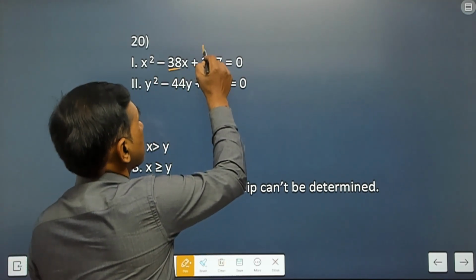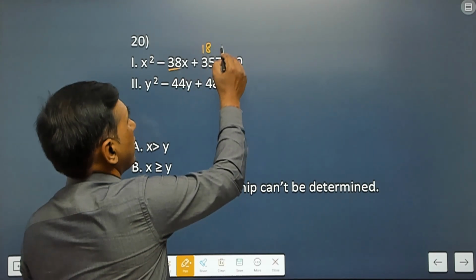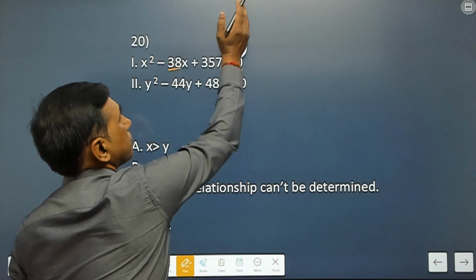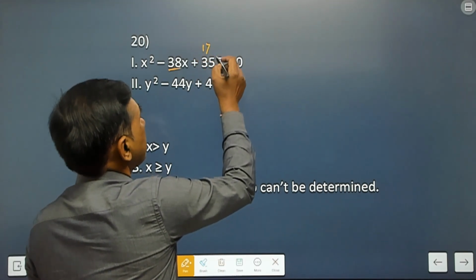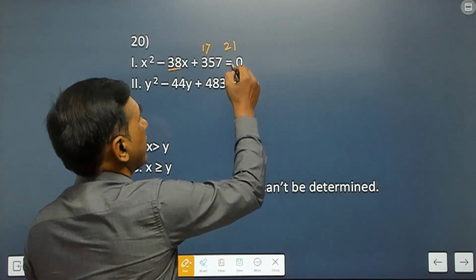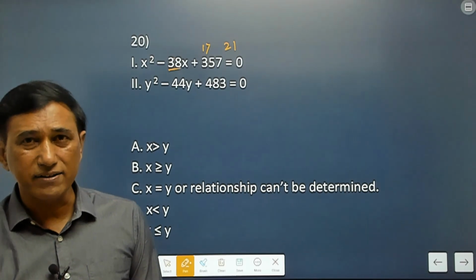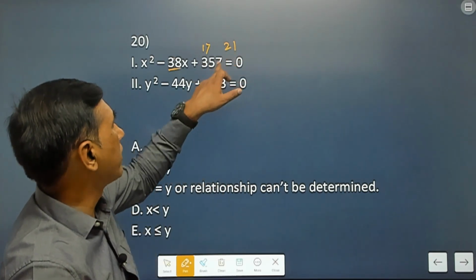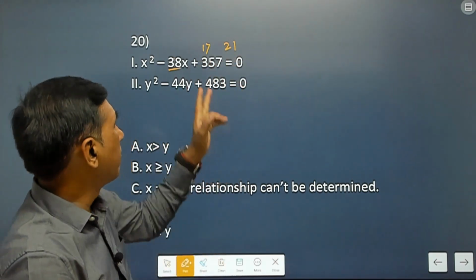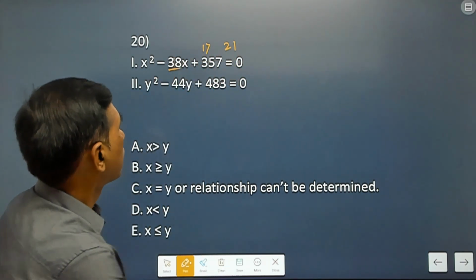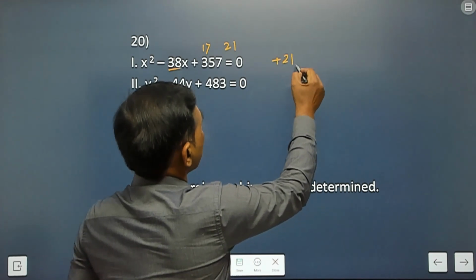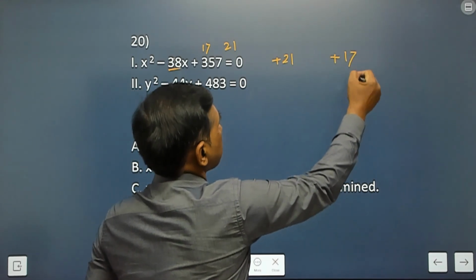Then comes 18 and 20. It can certainly not be. So what? Then you have 17 and 21. 17 plus 21 is 38, and 17 into 21 may give you 357. Just check it. 17 1 is 17. So your roots are plus 21 and plus 17.